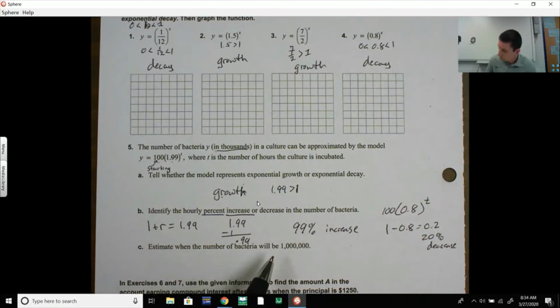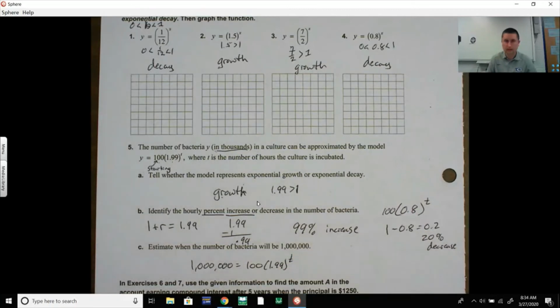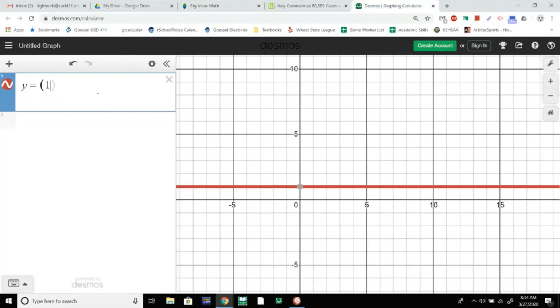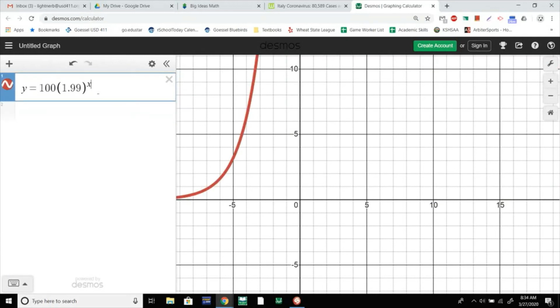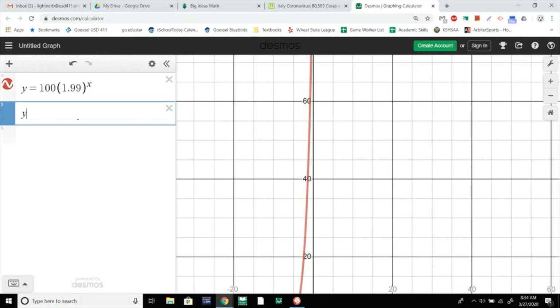Estimate when the number of bacteria will be 1 million. So they want to know when our formula will equal 1 million. Again, Desmos is going to be our friend. I'm going to type in my function: 100 times 1.99 raised to the X, don't use T, use X. And then I also want to know when Y equals 1 million.